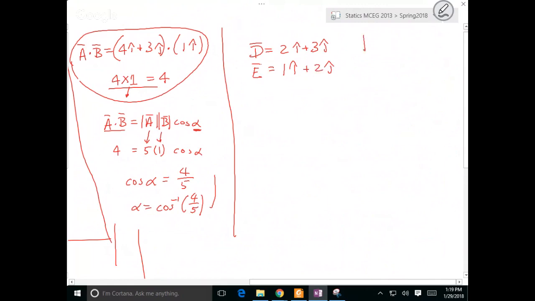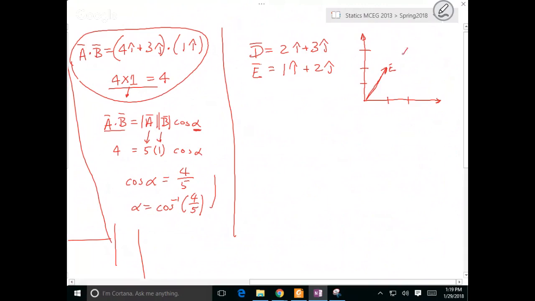So let me see if I can kind of halfway draw these. Okay, let's do E first. I go over 1, 2, and 3. So E would go to the right 1 and up 2. So here's my E. Then D would go to the right 2 and up 3.